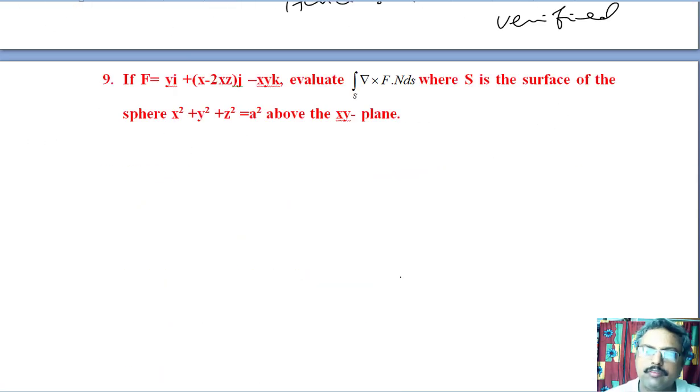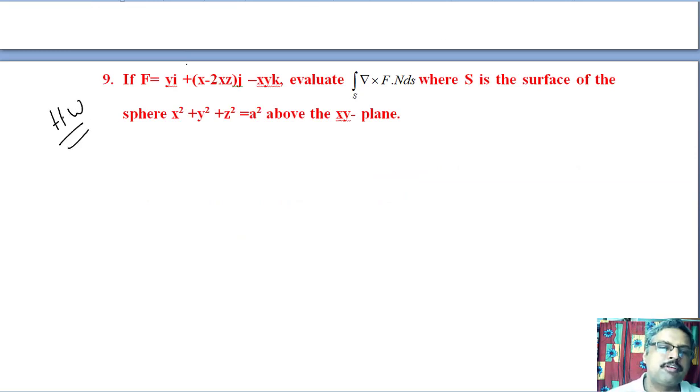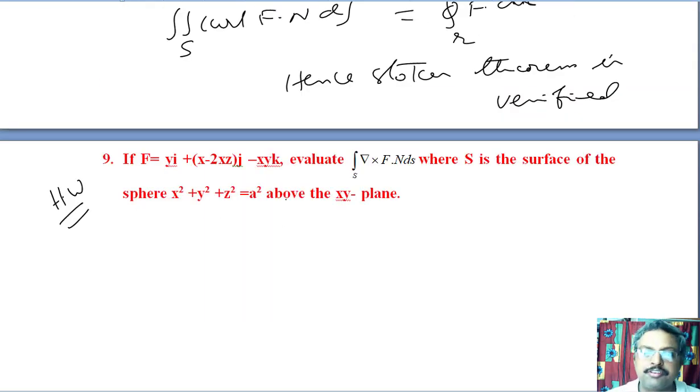Same procedure, take it as homework. The function is different, but the procedure is the same: n equals k, just find the curl, then we will get the solution. Just note down the question. If F equals y i plus x minus 2xz j minus xy k, evaluate the integral.